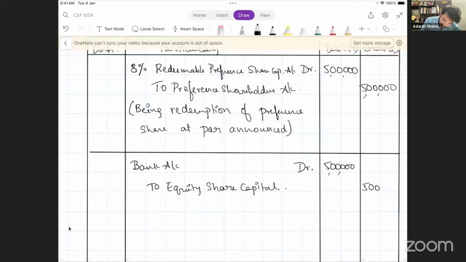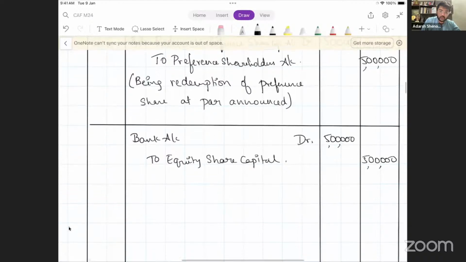5 lakhs. We have issued 5 lakhs worth of shares. So basically, how many shares have I issued? 50,000 equity shares have I issued. 5 lakh value is what I have to issue, and 5 lakh value is what we have issued.